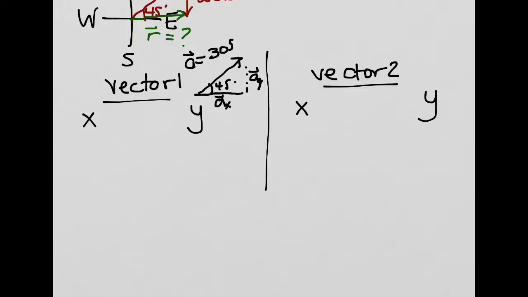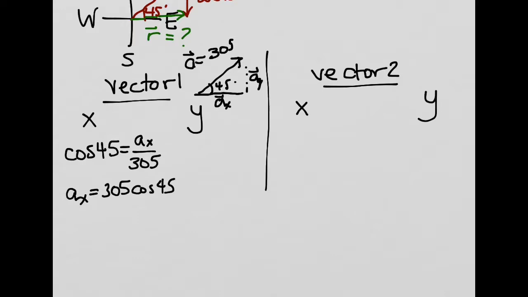So for Ax, because that's the adjacent side, we're going to do cosine. Cosine of 45 equals Ax over 305. Ax equals 305 cosine 45. So I'm just looking for the value of the horizontal component of this vector. And that's 215.7 kilometers.